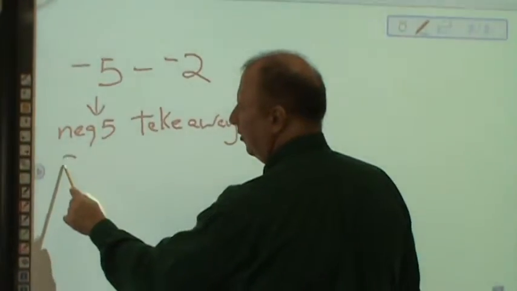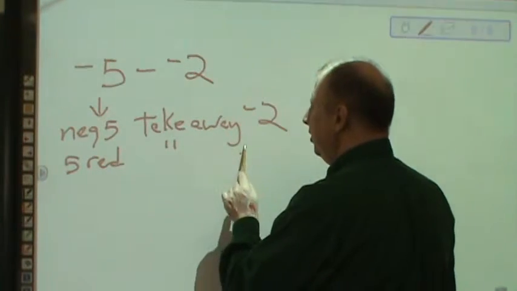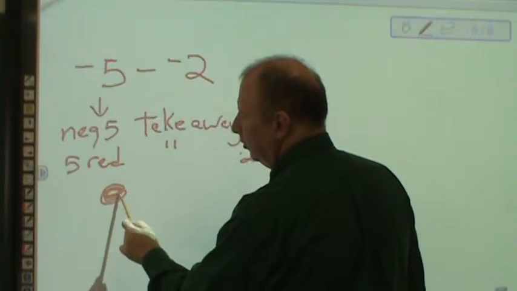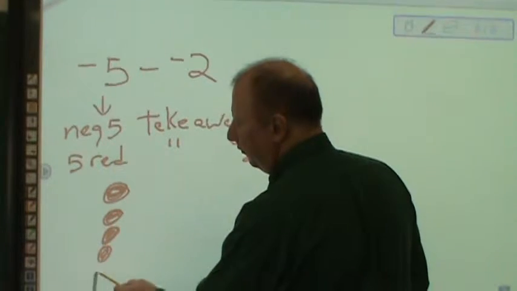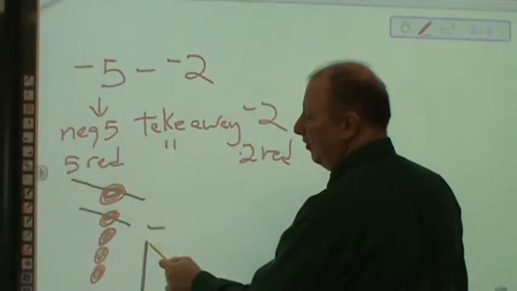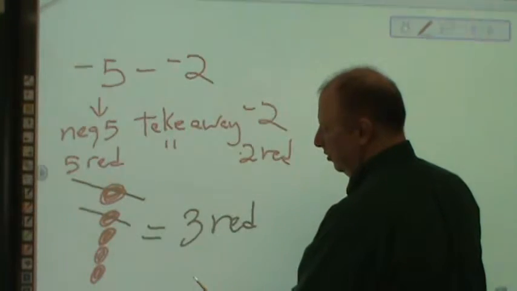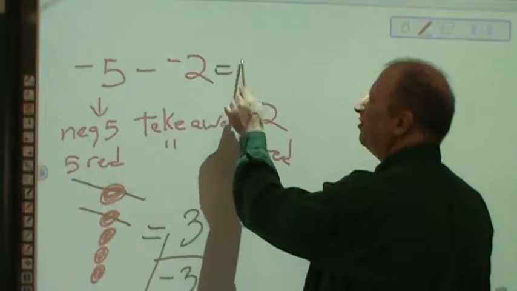Or should I say, I have 5 red, and I want to take away 2 red. Well, 1, 2, 3, 4, 5 red. I want to take away 2 red, and I'm left with 3 red. Negative 3.